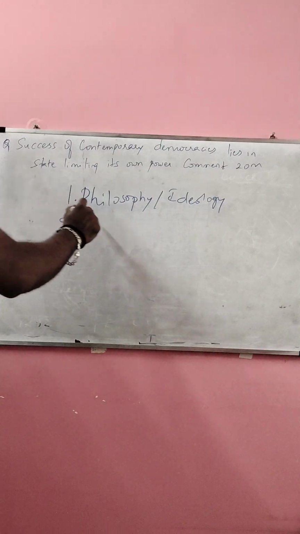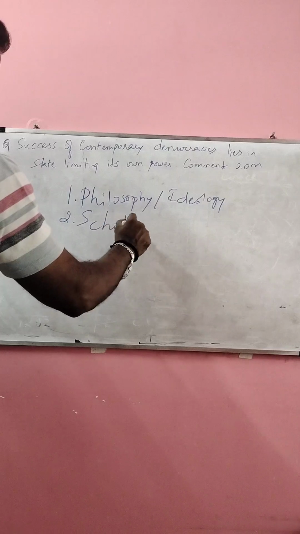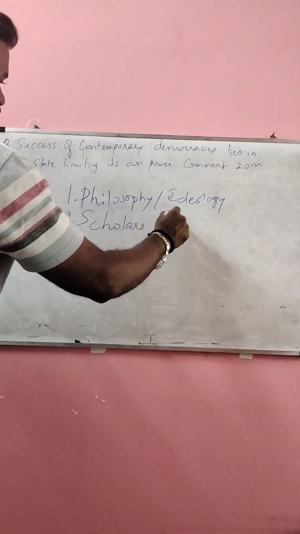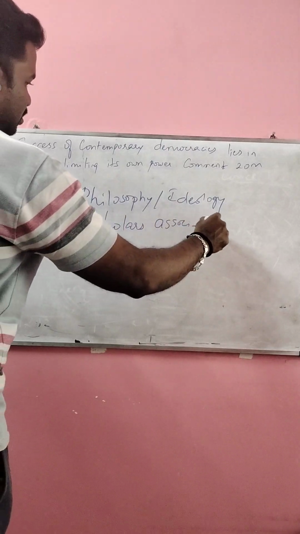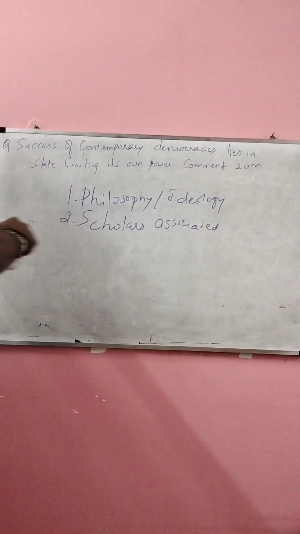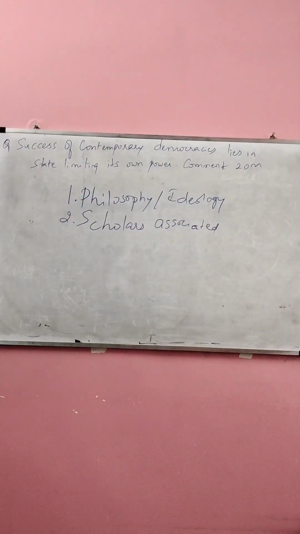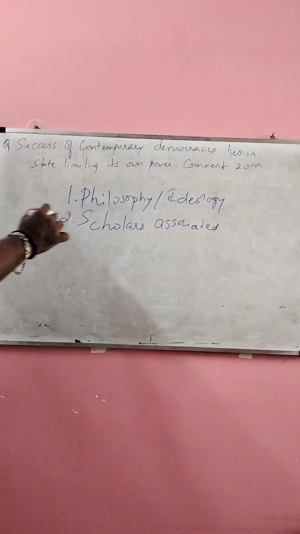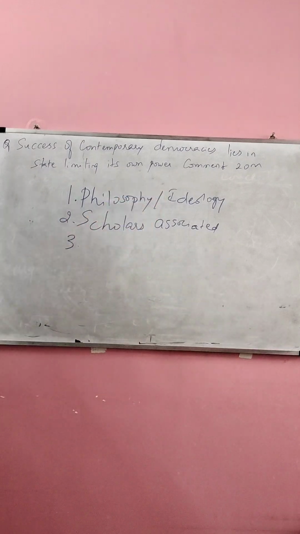Second is the scholars associated. Philosophy and ideology, for example Marxism, feminism, pluralism, fascism, Gandhism, they come under philosophies and ideologies. Philosophy is a general term, it includes ideology, school of thoughts, everything. Second is scholars associated, Plato, Aristotle, Marx, all these are scholars.